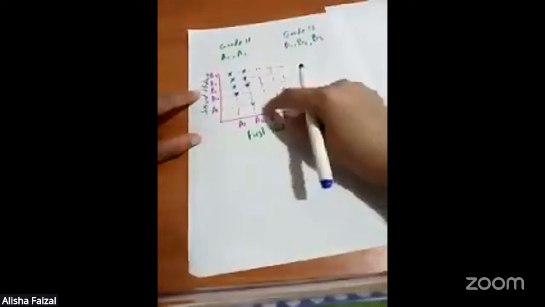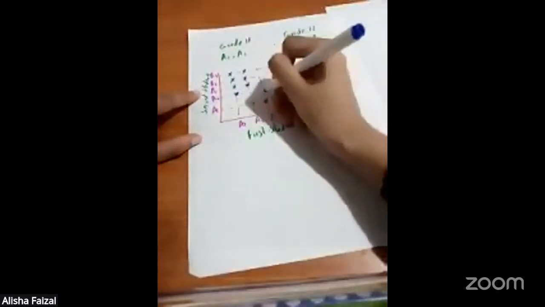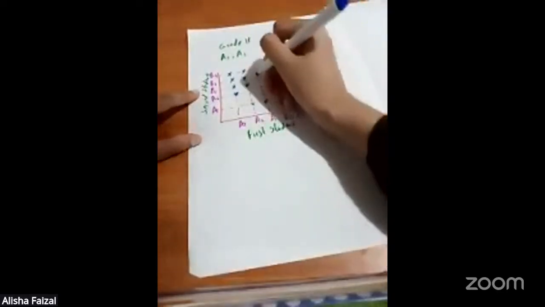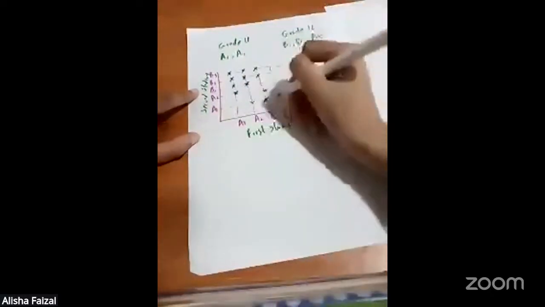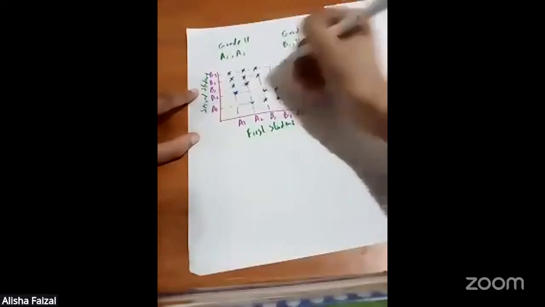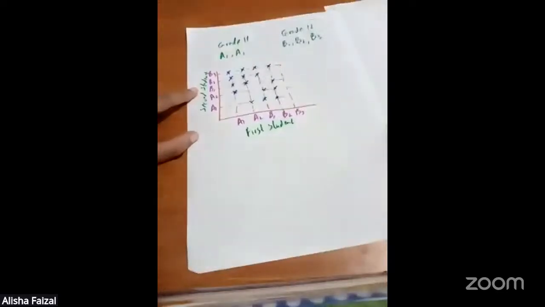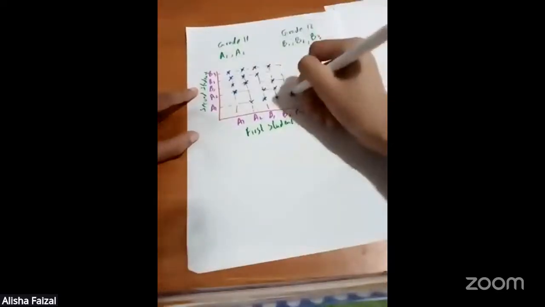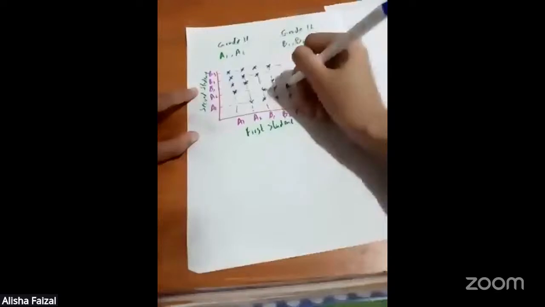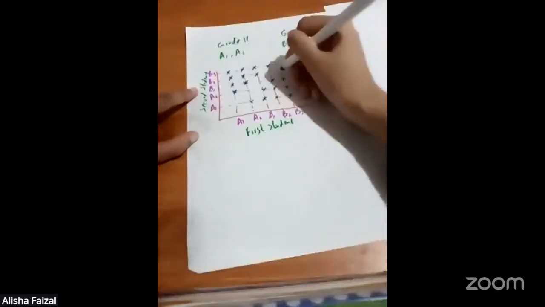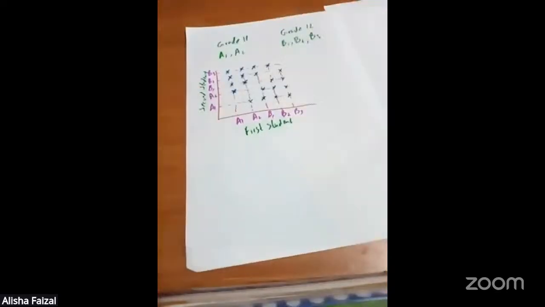If it's B1, you can pick A1, A2, but not B1 again. For B2 you can pick A1, A2, B1, but can't pick B2 again. For B3 you can pick A1, A2, B1, B2, but can't pick B3. Is it clear now?